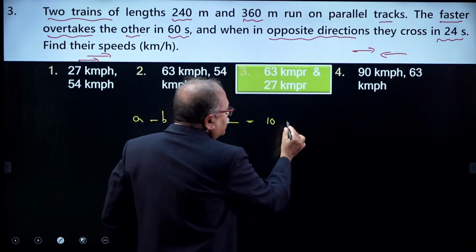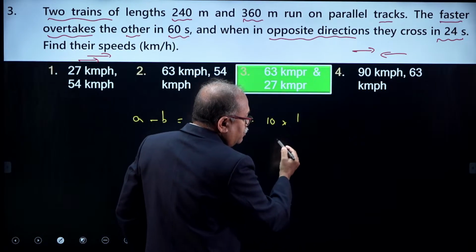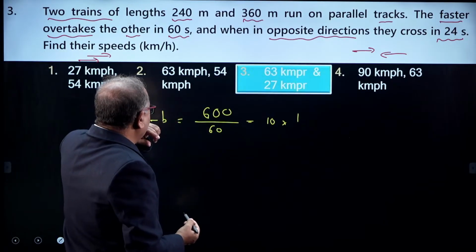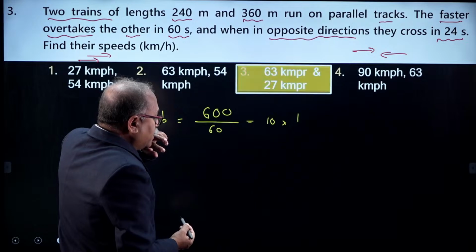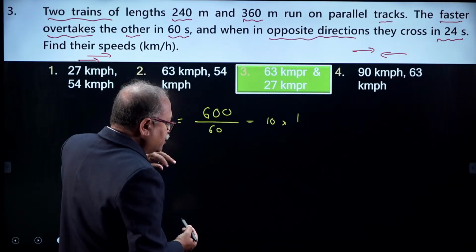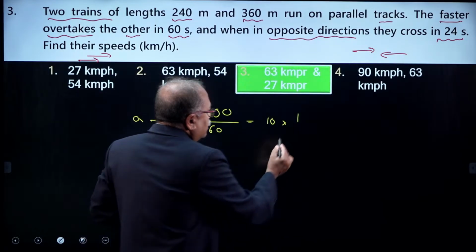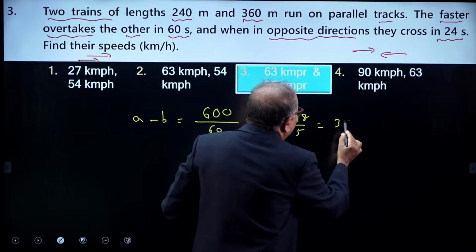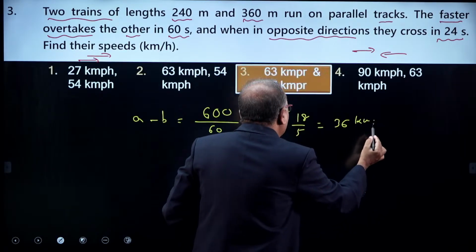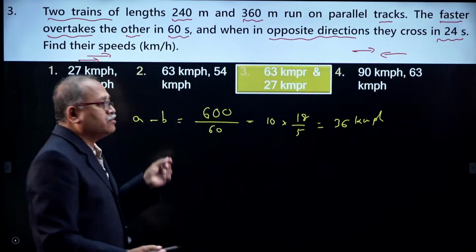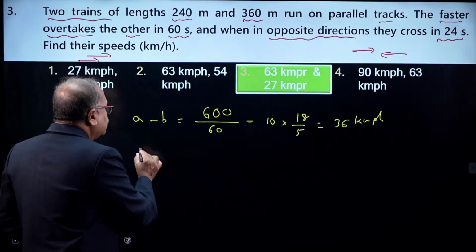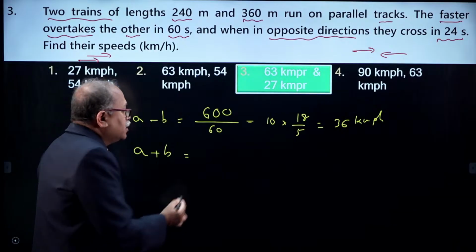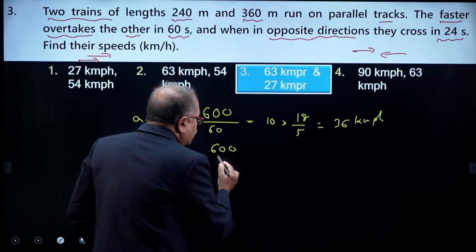And if I convert this by multiplying by 18 by 5, 10 times 18 by 5, I get 36 kilometer per hour, and that is A minus B. And what is A plus B when they are moving in the opposite direction? The distance by time.